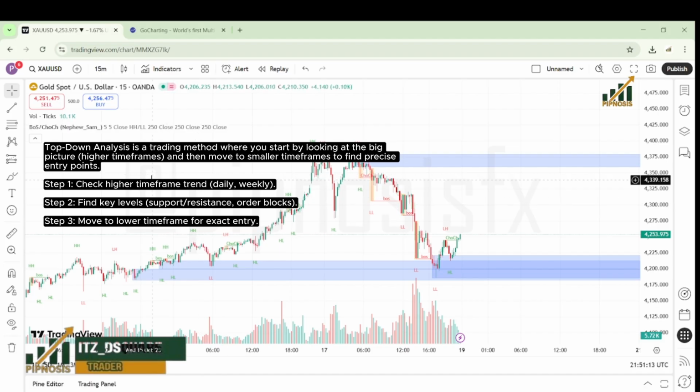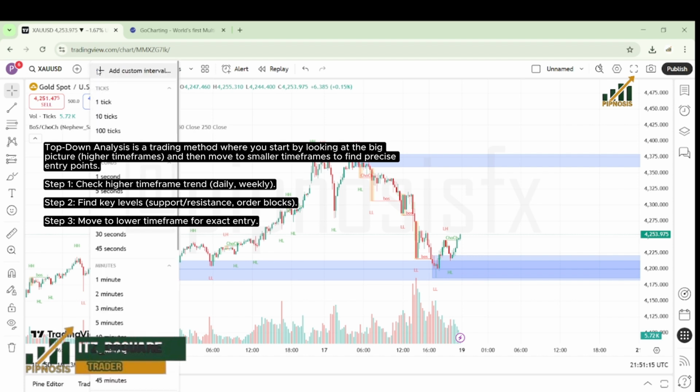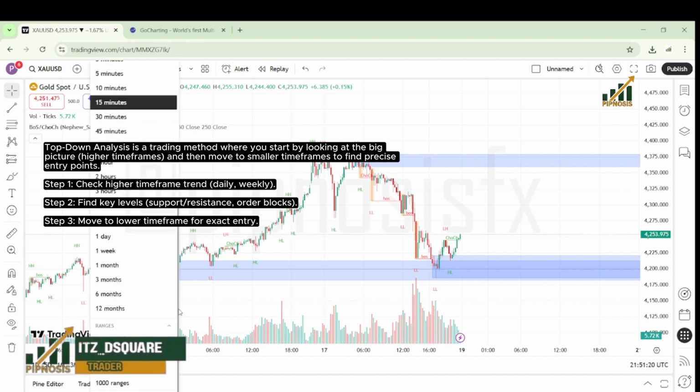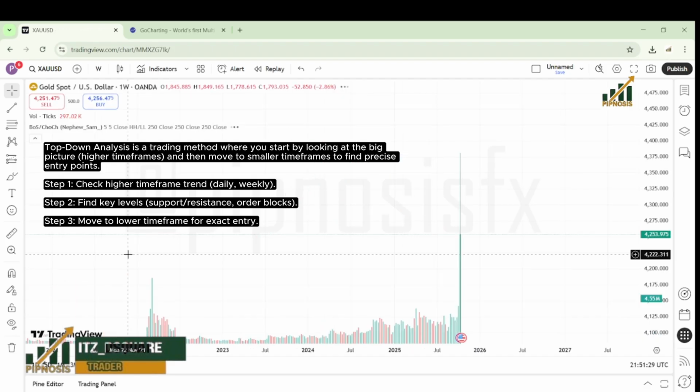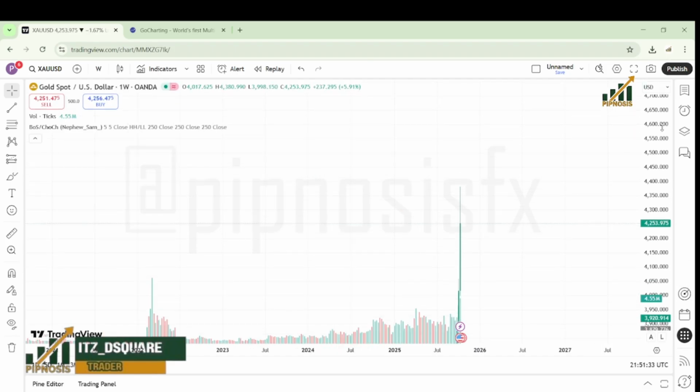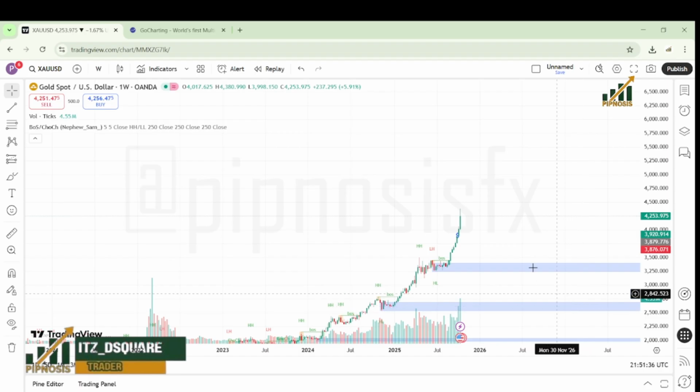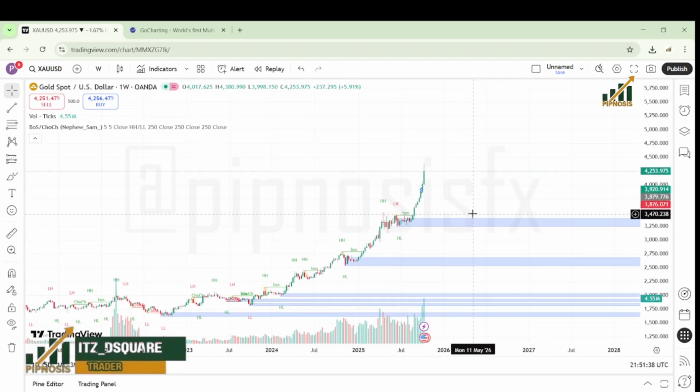Firstly, to run the top-down analysis, we'll use the 4 hours or the daily time frame or even the weekly and above to see the whole market overview. So this is gold.